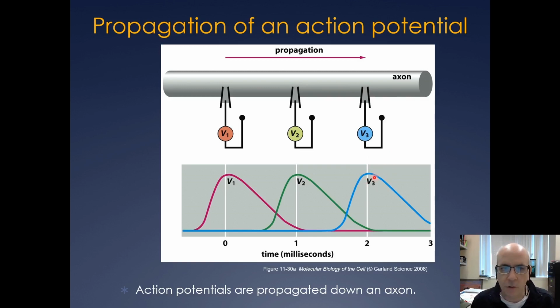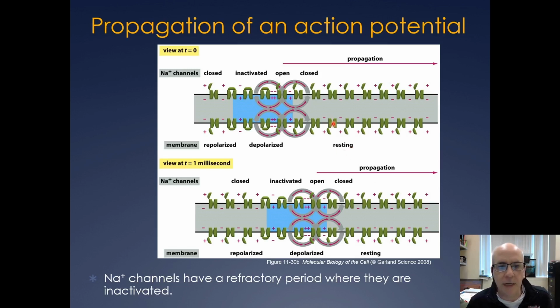And so to give you a better idea about that, behind the open state where the depolarization is, you have inactivated channels. These cannot reopen again. And so as the membrane gets depolarized here, only the voltage-gated sodium channels ahead of it can actually open up.